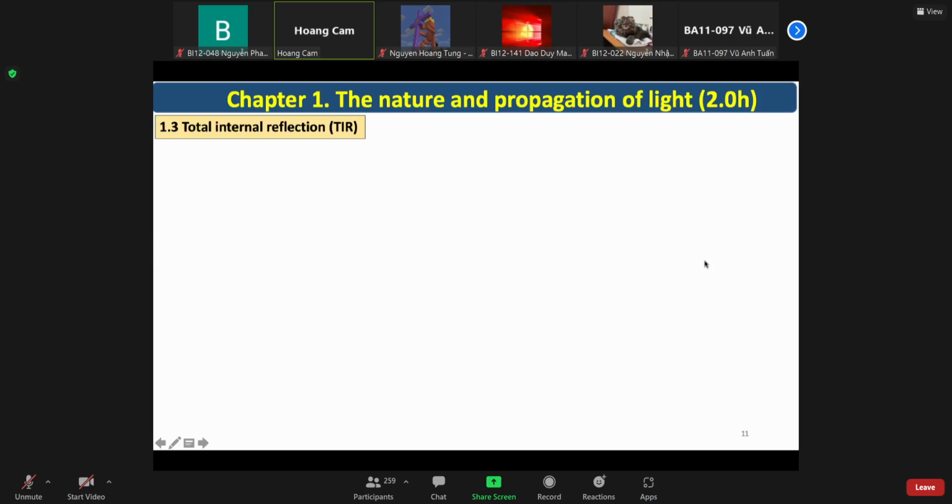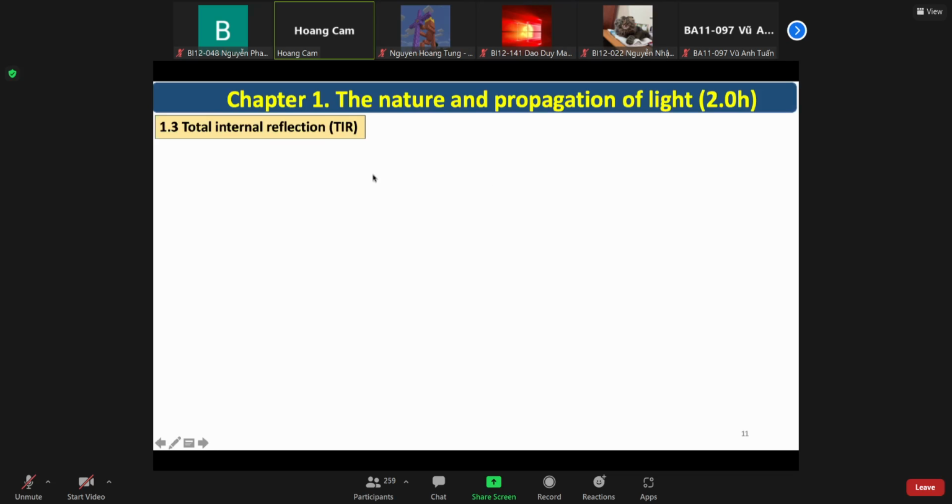Okay. So now we will move on to the next session of total internal reflection. What we just studied are the 2 phenomena, reflection and refraction. And now we will focus on a special phenomenon, which is total internal reflection.